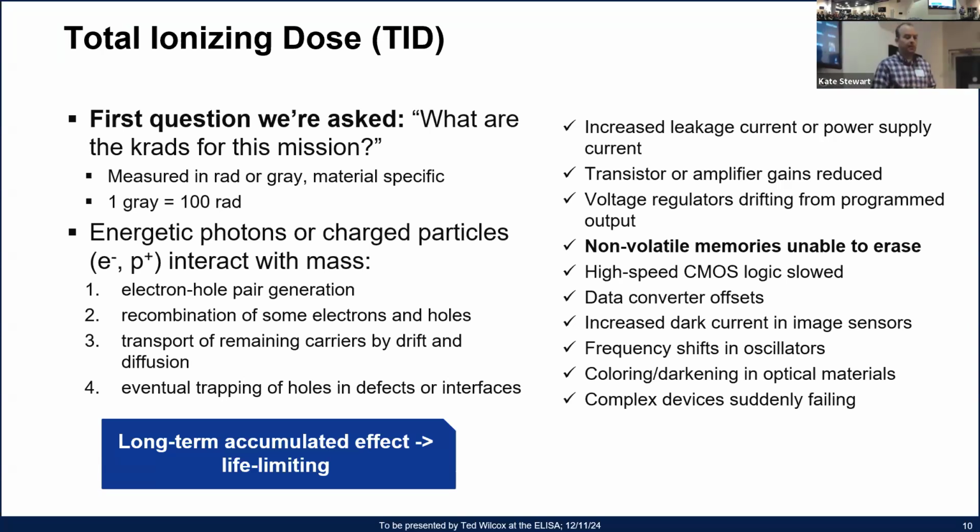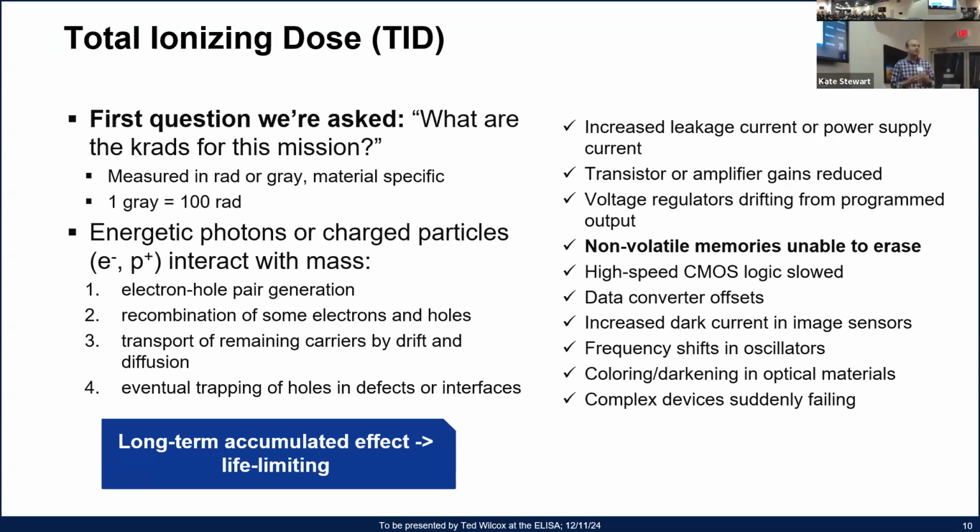It is life limiting. So from a practical standpoint, some of the effects we see here are increased leakage current at the transistor level. We see gain reduced, maybe in our bipolar transistors. We have voltage regulators that now drift from what they are supposed to be outputting. Non-volatile memories that are unable to erase. High-speed CMOS logic that has a slower propagation delay than it did before.